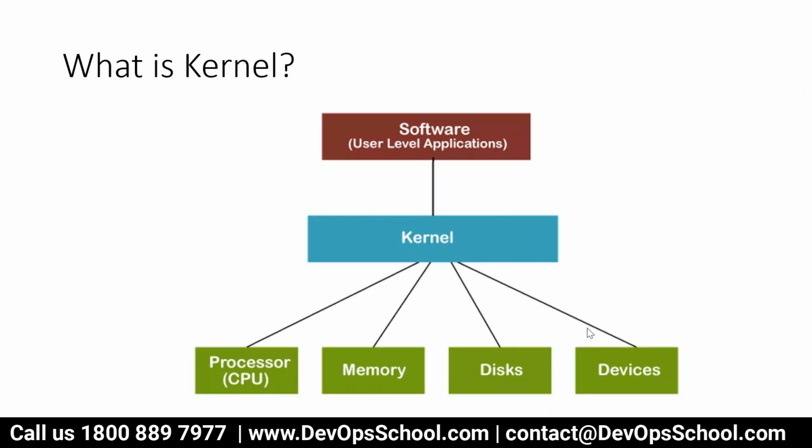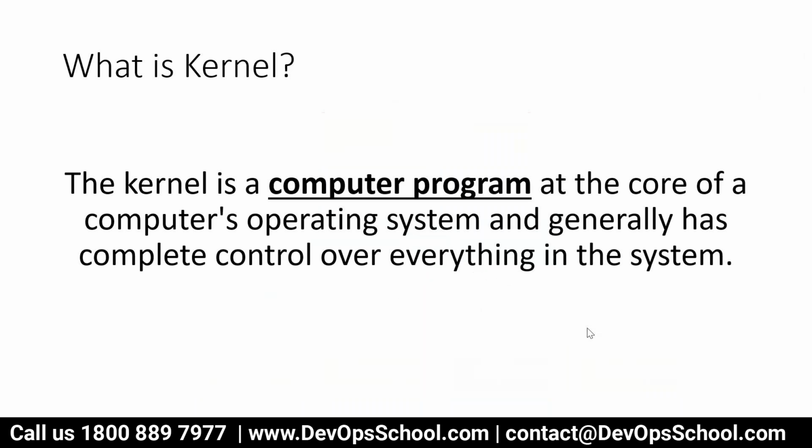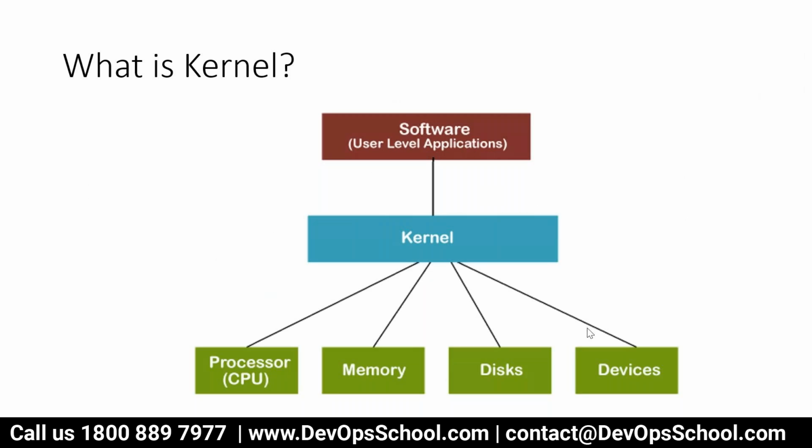If you look at the foundation, you have hardware. Hardware means CPU, memory, disk, and devices; in simple terms, your laptop, desktop or mobile. On top of that you have a kernel. Again, remember, the kernel is a computer program, and it sits on top of the hardware.